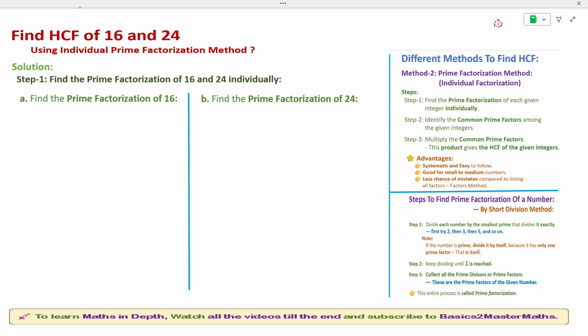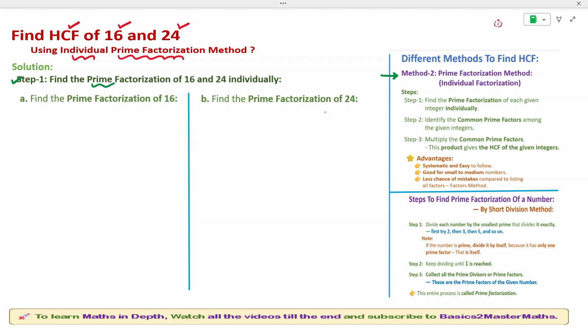Today we will see how to find HCF of 16 and 24 using individual prime factorization method. Please follow the below steps to solve this problem. Step 1.